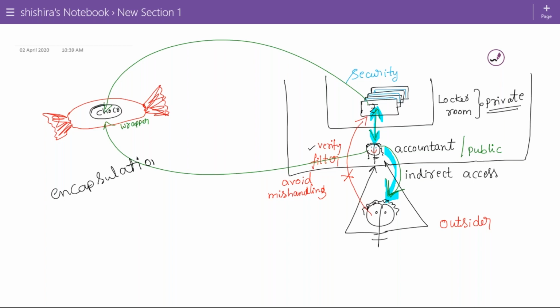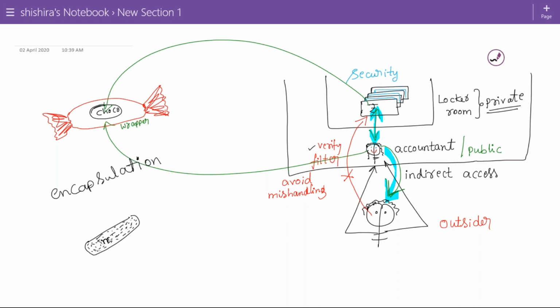What is the meaning of encapsulation? Observe the difference between a capsule and an ordinary tablet. A capsule is also a medicine, a tablet is also a medicine. But in the case of a capsule, the medicine is present inside and outside there is a wrapper which covers it. This medicine is probably in powder form, or maybe it is very pungent in taste, right?